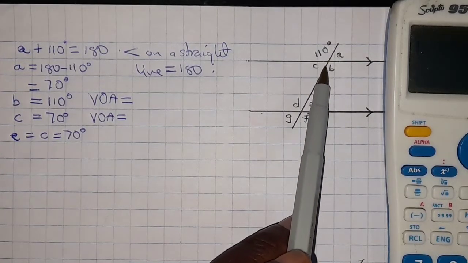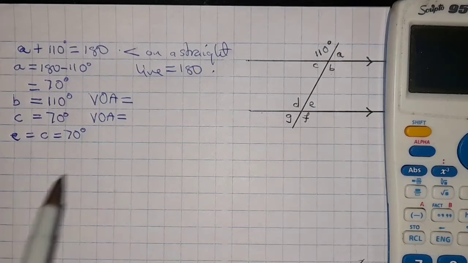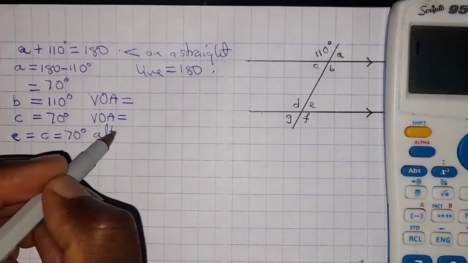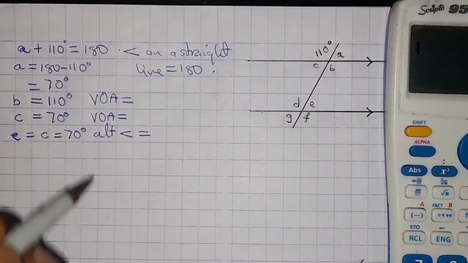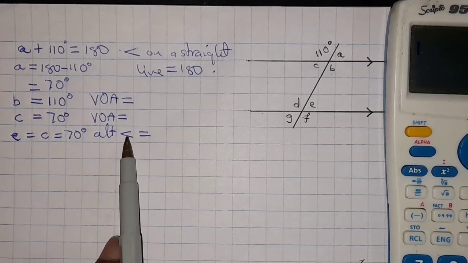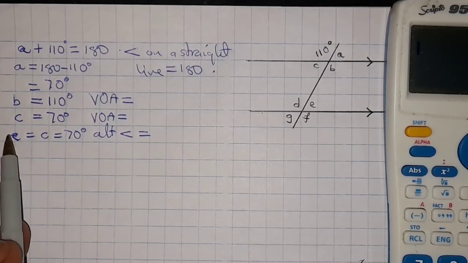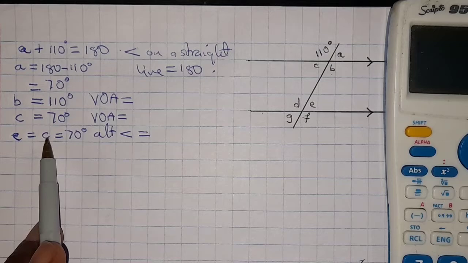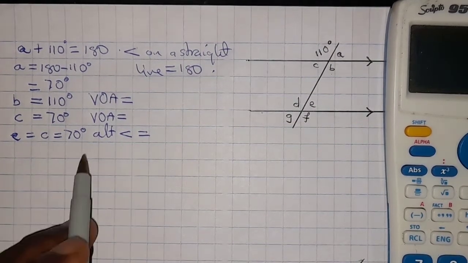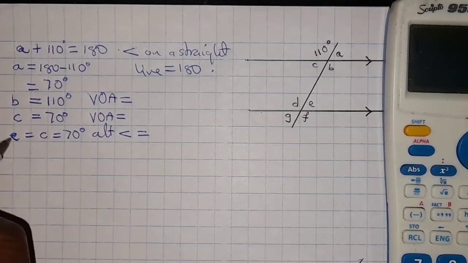There is a Z which is formed there, and these Z angles, we say they are alternate angles, and alternate angles are equal. That's our reason. So E is equal to C, so it is equal to 70 degrees.